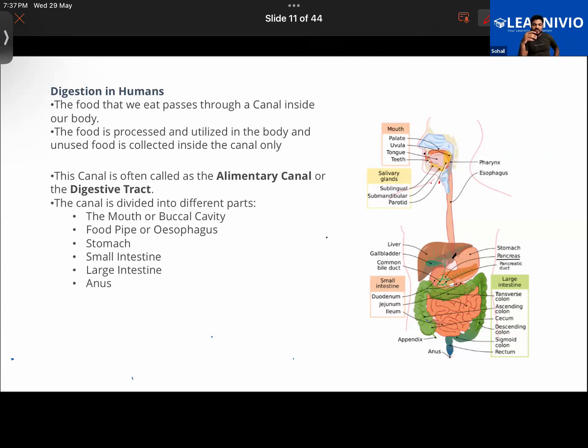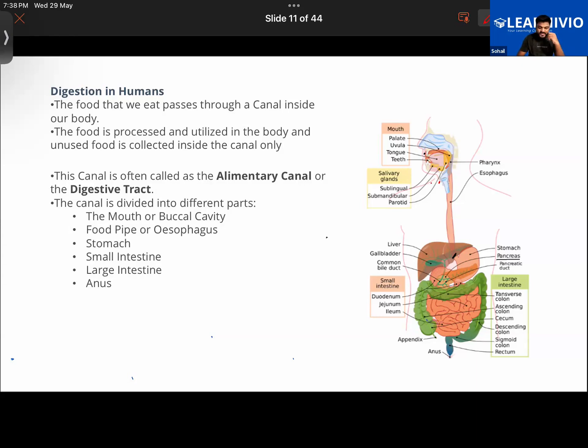Carbohydrates are converted into sugars like glucose, proteins into amino acids, and fats into fatty acids. Then the broken down food is absorbed into the bloodstream from the small intestine, and the nutrients are carried to each cell in your body. Getting it or not?